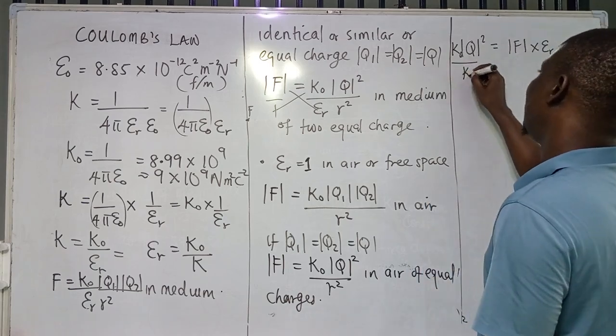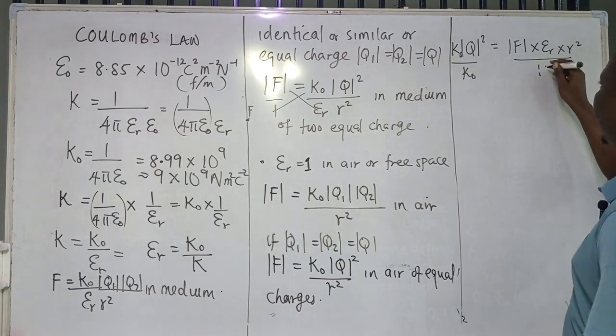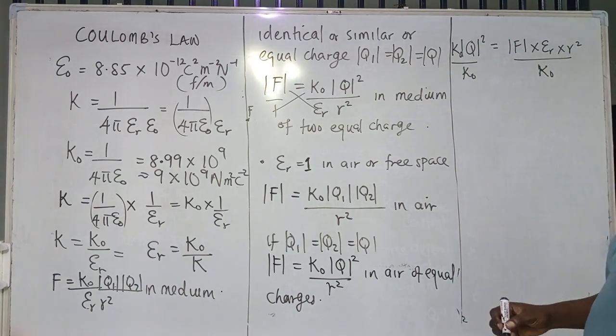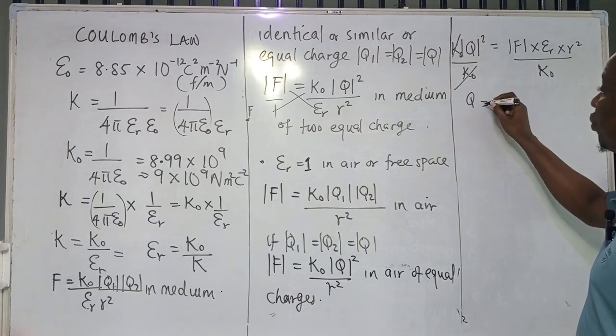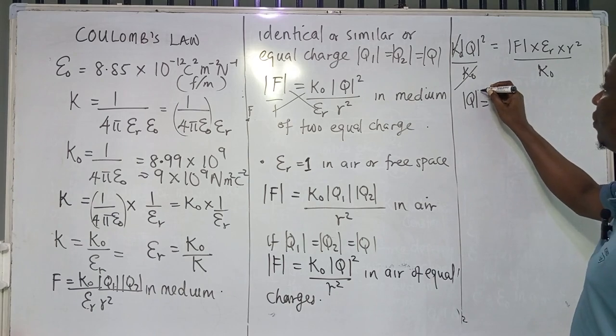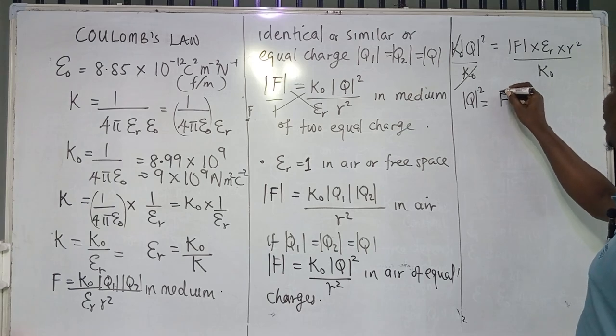Divide both sides by K naught. This all cancels, so Q will now be equal to, if you take the square root of both sides, this is what we are going to have.